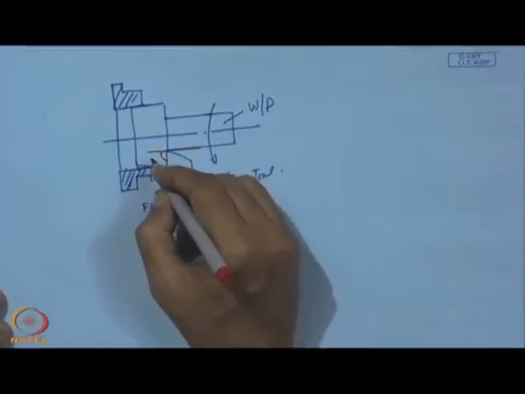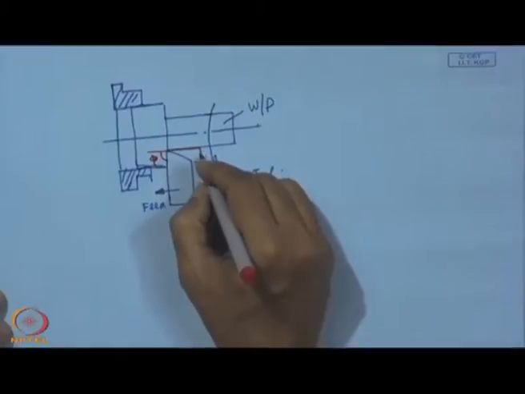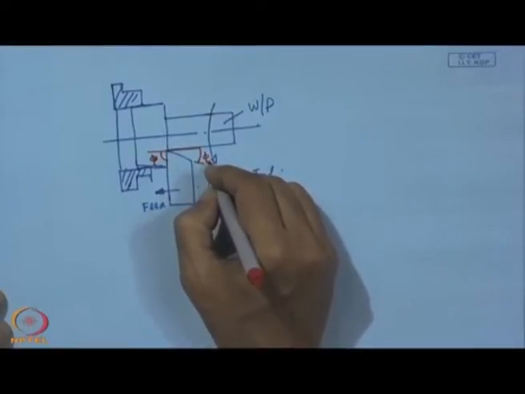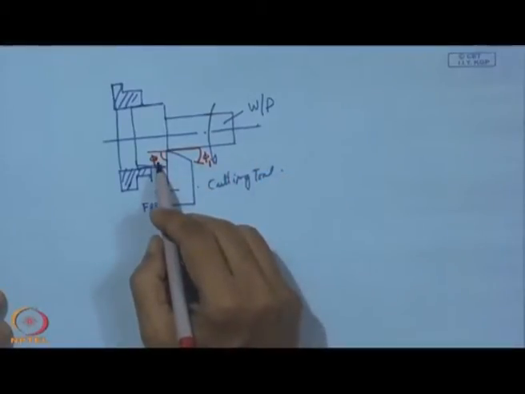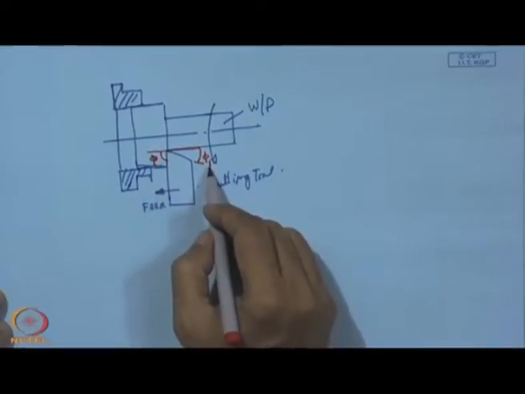Now, here actually we have to see that this is called the geometry. So, here we see this is called the principal cutting edge or major cutting edge, and this is the auxiliary cutting edge or minor cutting edge.